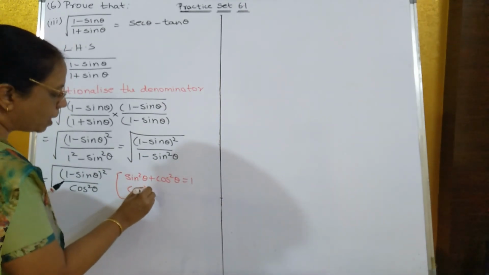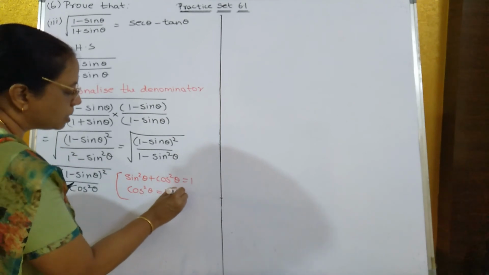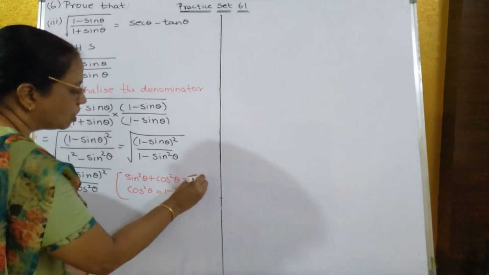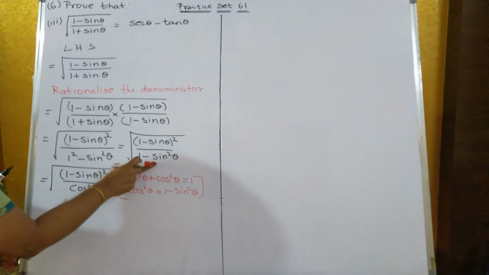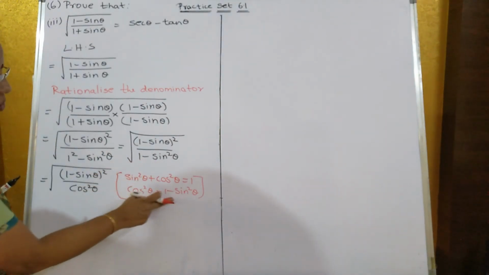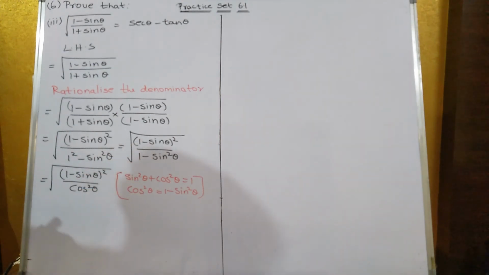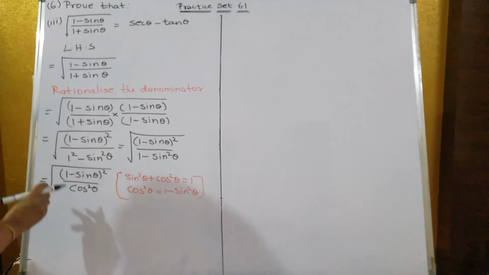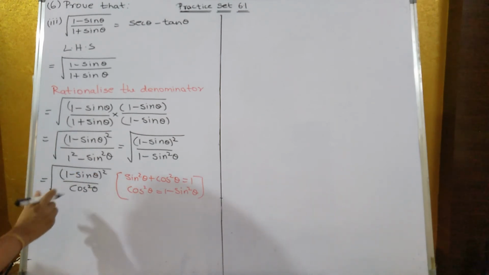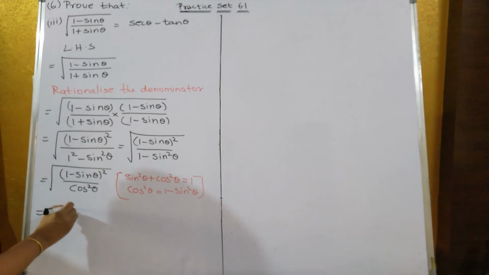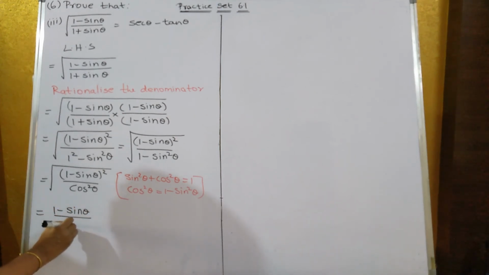Cos square theta is equal to 1 minus sin square theta. So in place of 1 minus sin square theta, I have put cos square theta. Now if you open the square, remove the square root. When you remove the square root, the squares will go away. So what will be left? 1 minus sin theta upon cos theta.